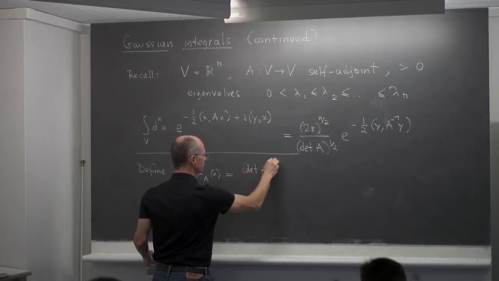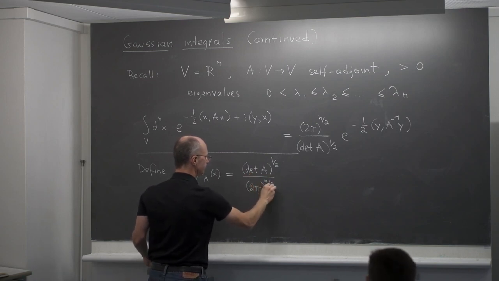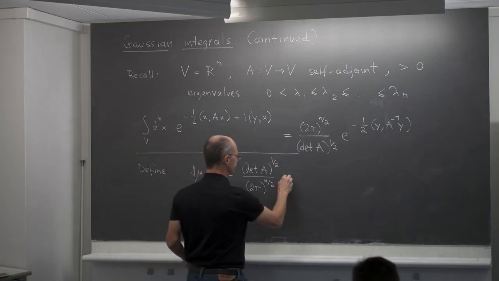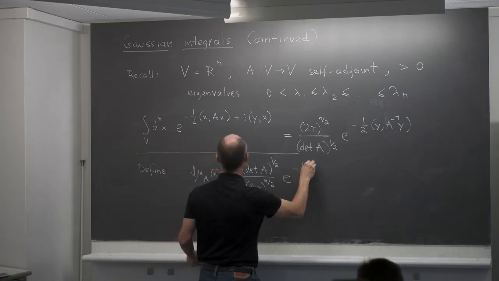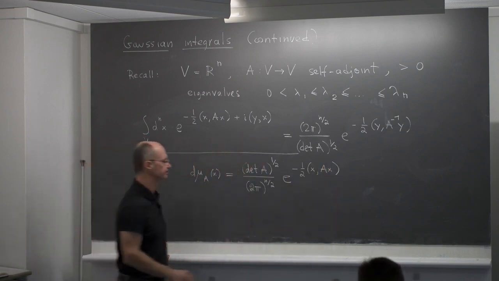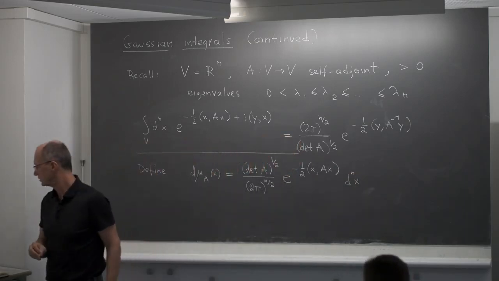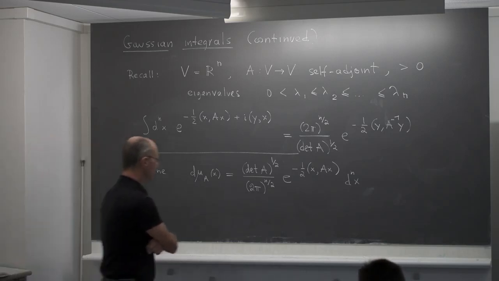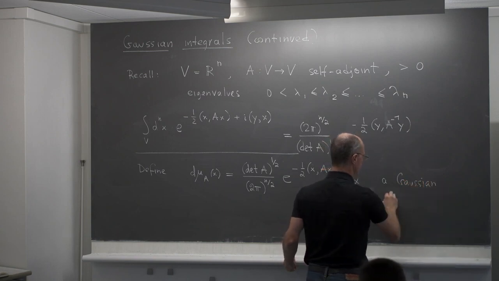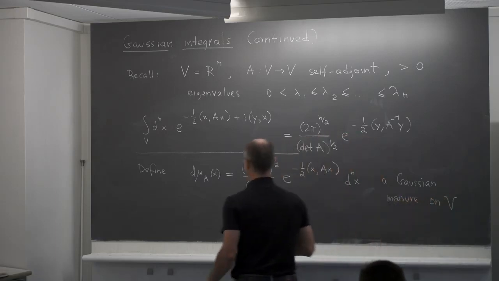So we are taking the factor from the right-hand side, this Gaussian factor in, and we're taking in the Lebesgue measure. So this is a Gaussian measure on R^n.